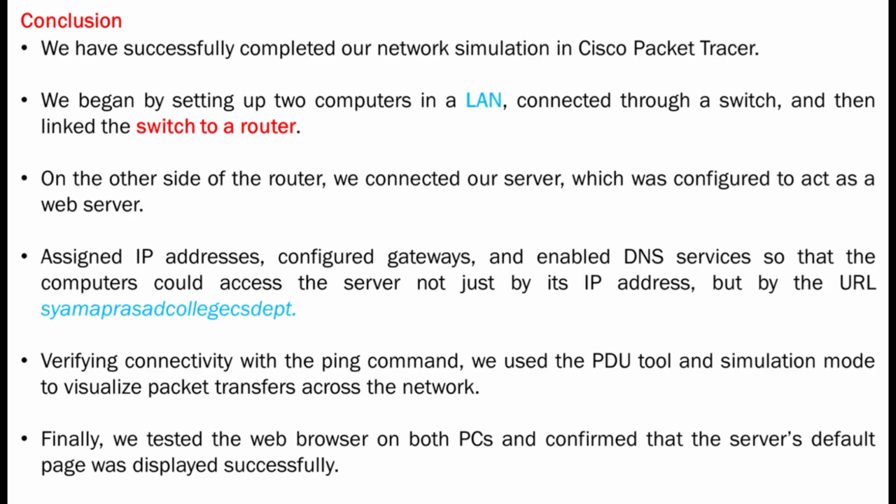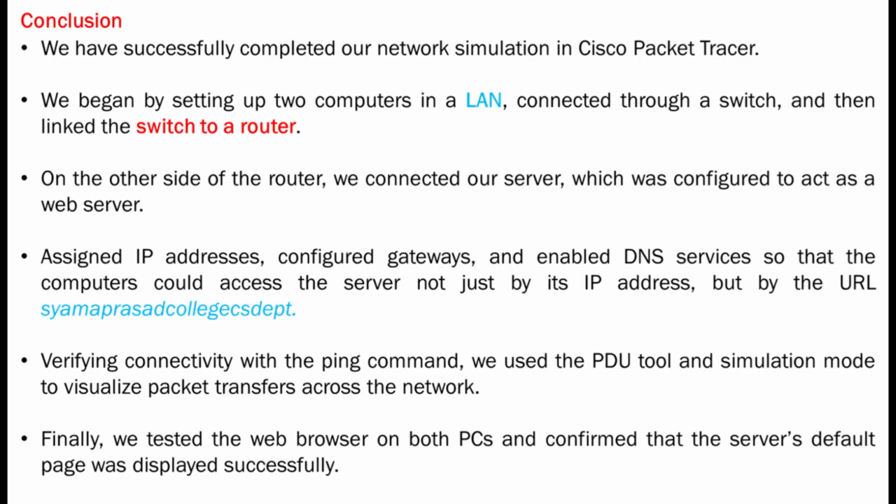syamaprasadcollegecsdept. After verifying connectivity with the ping command, we used the PDU tool and simulation mode to visualize packet transfers across the network. Finally, we tested the web browser on both PCs and confirmed that the server's default page was displayed successfully.